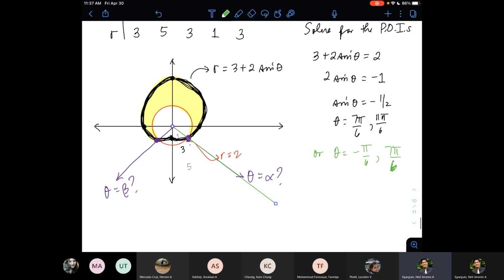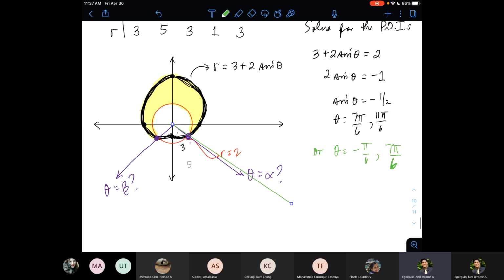It would not make sense to start at 11 pi over 6 going to 7 pi over 6, because 7 pi over 6 is obviously smaller than 11 pi over 6. So I'll represent this as negative pi over 6 and travel in the counterclockwise direction. And note that as I travel counterclockwise, the inner radius is always the red curve, and the outer radius is always determined by the black curve, right?